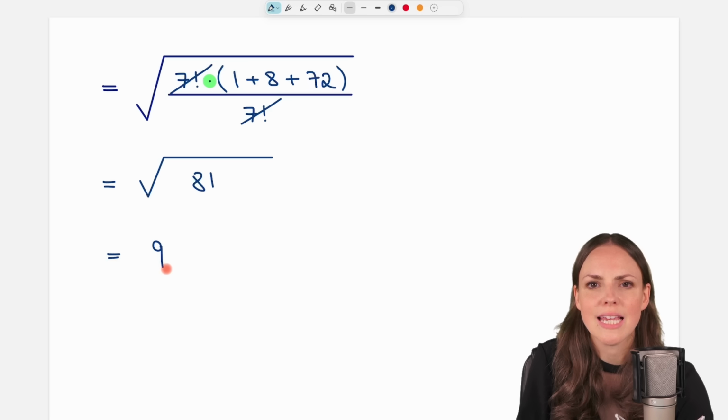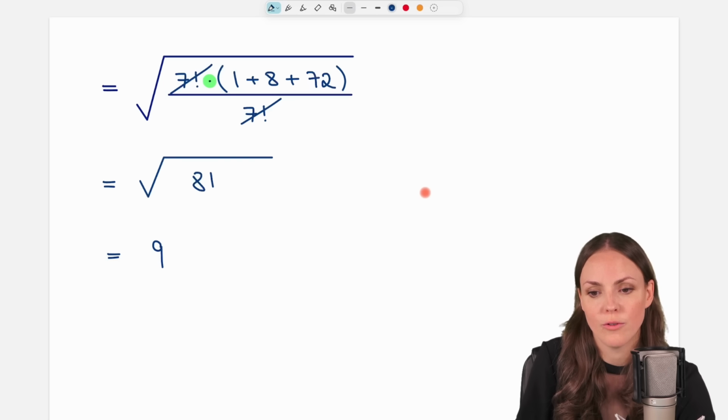Some of you might say, hey, you forgot the plus and minus 9 here. We have 2 solutions, because that's what I read a lot in my comments. But no, that's actually not the case. If you just want to calculate the square root of a number, the result is always just positive. That is how the square root is defined.